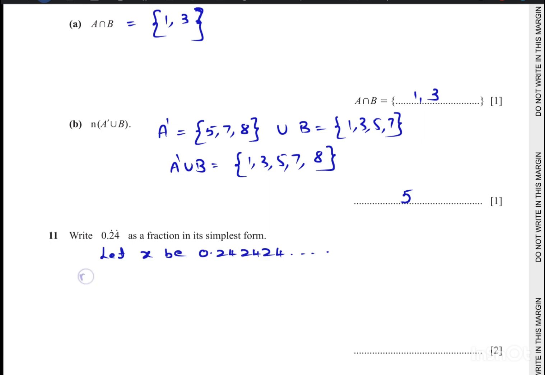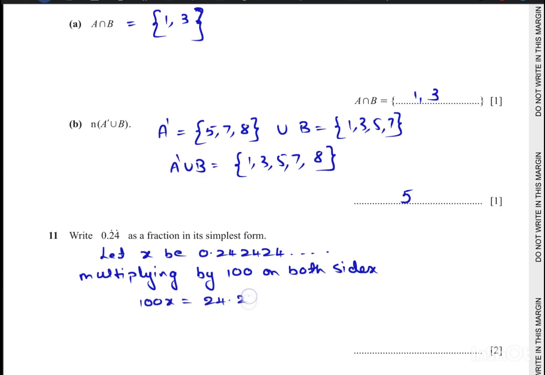Multiplying by 100 on both sides, I get 100x is equal to 24.2424, and so on. This is equation 1, this is equation 2.